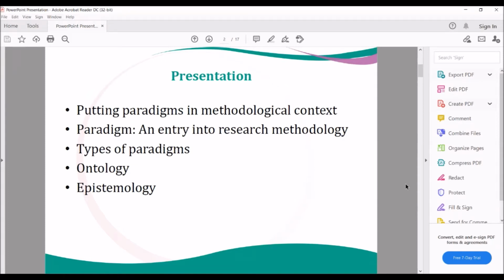Then I will zoom into the core of the presentation today, which is ontology and epistemology. I thought to approach the presentation this way for the mere fact, like I said, that ontology and epistemology are the tenets of a paradigm. And so I wouldn't just jump into them without coming through the paradigm per se.